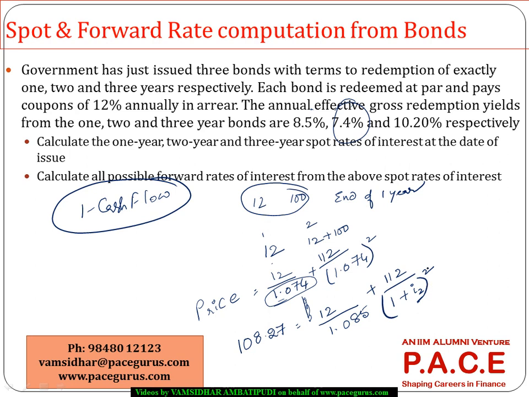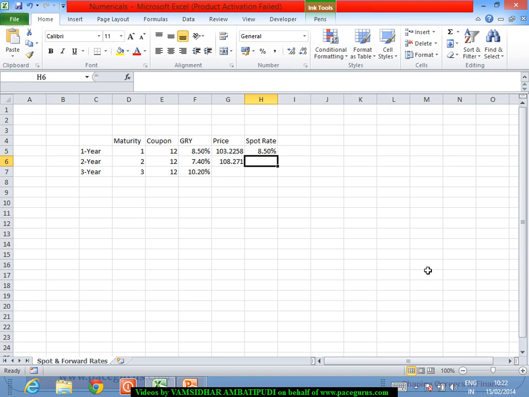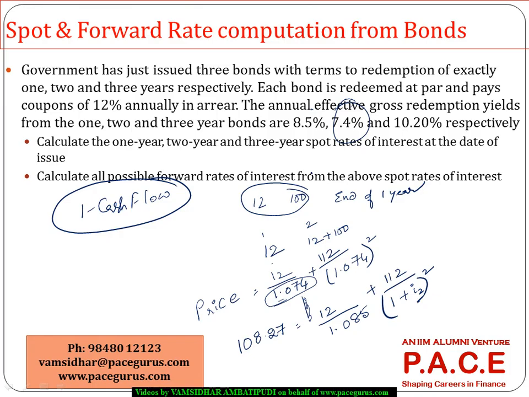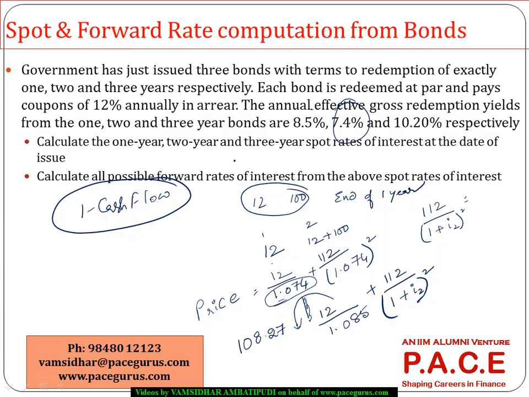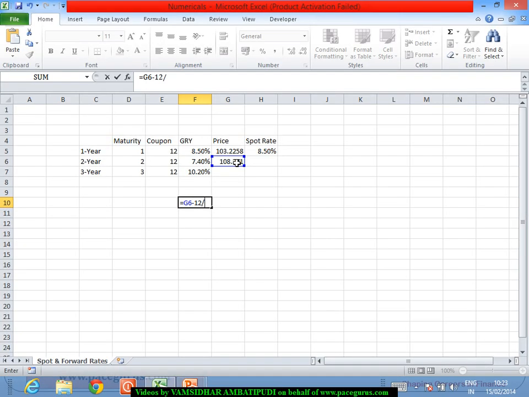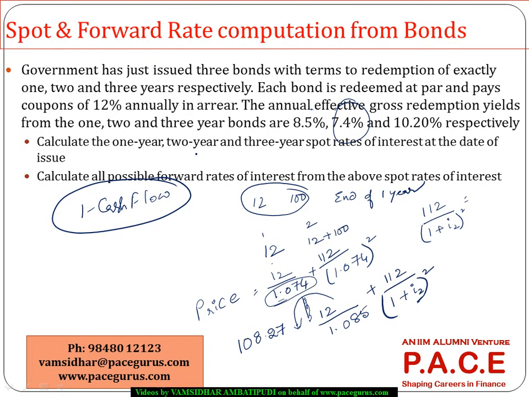So, as a basic calculation, 112 divided by 1 plus I2 squared is equal to 108.27 minus 12 divided by 1.085. 12 divided by 1.085 gives me 97.21.